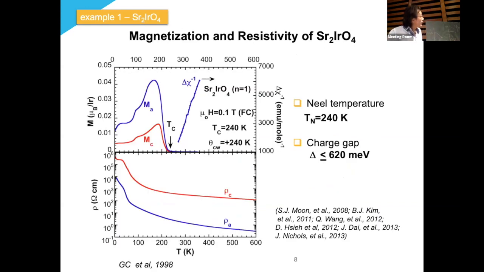The underlying property of this compound is that it is magnetic. The magnetization shows magnetic order at about 240 Kelvin. We initially labeled this TC because we thought it was ferromagnetic, but neutron data in recent years indicate that the ground state is actually antiferromagnetic.